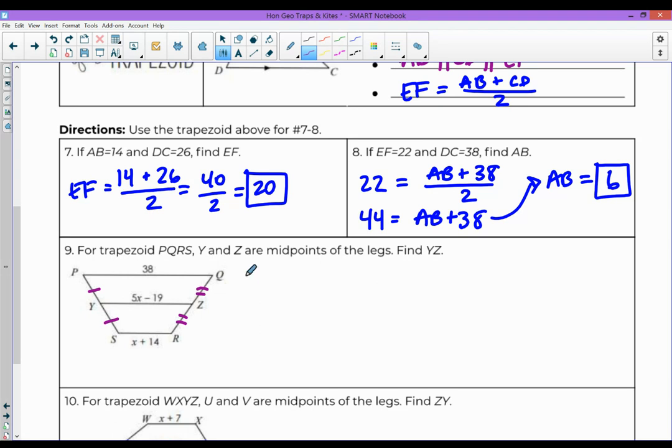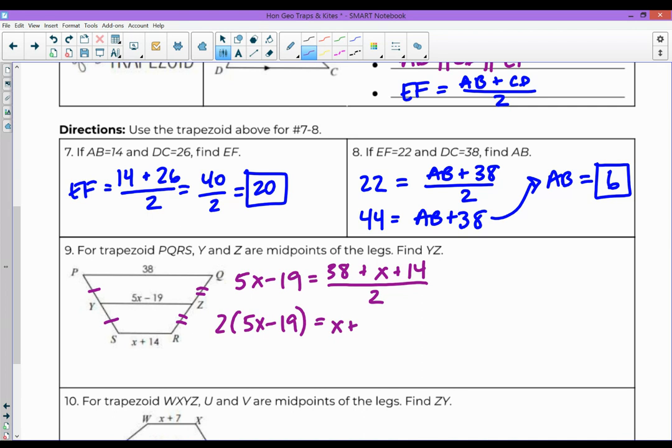So I know that 5x minus 19 is the average. So that's 38 plus x plus 14 divided by 2. So I'm going to multiply 2 times 5x minus 19, set that equal to x plus 52.